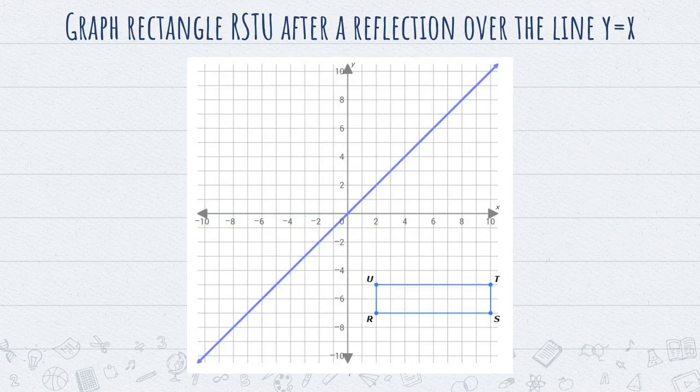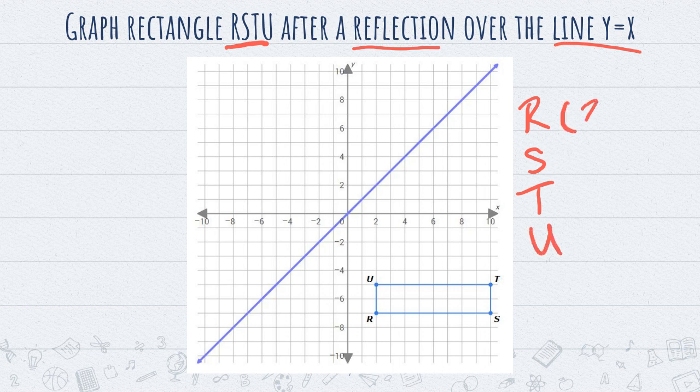Okay, so we're going to get a little harder. So it says that rectangle RSTU is reflected over the line y equals x. So I'm going to start by labeling my points. So I have R, S, T, and U. R is at the point 2, -7. S is at the point 10, -7.